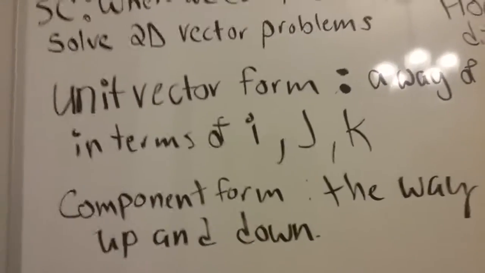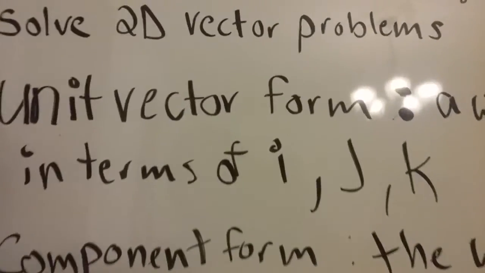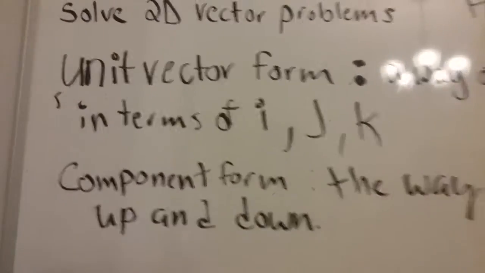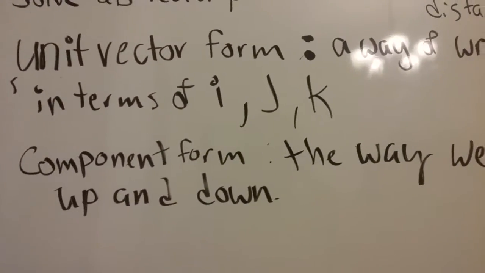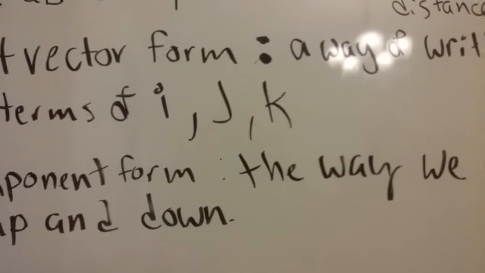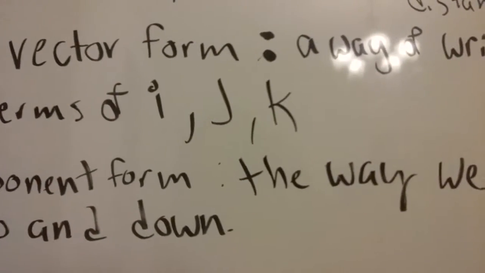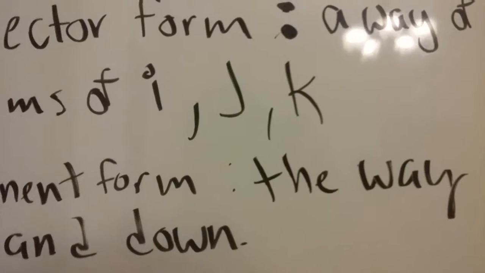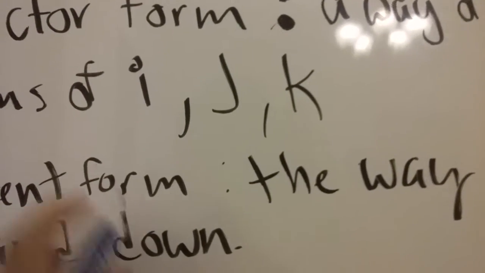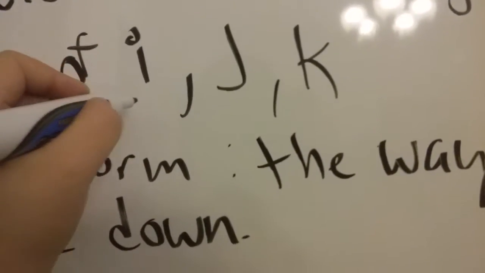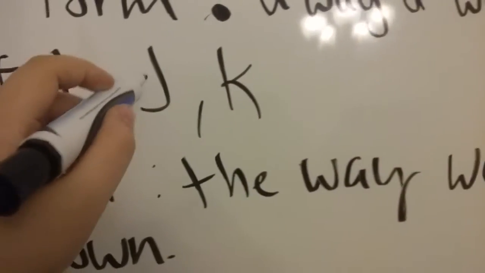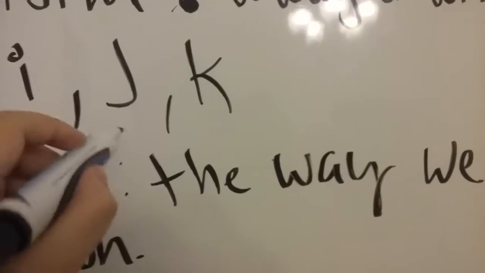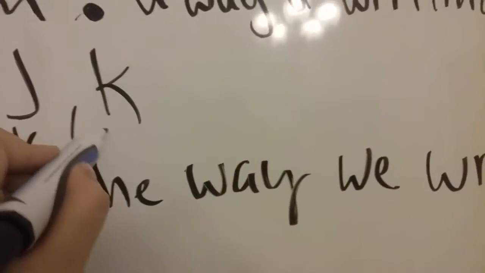Some really useful forms of vectors are unit vector form, which is a way of writing a vector in terms of i, j, and k. So i, j, and k all represent different components that we know otherwise as different letters, such as i equals x, j equals y, and k is z.